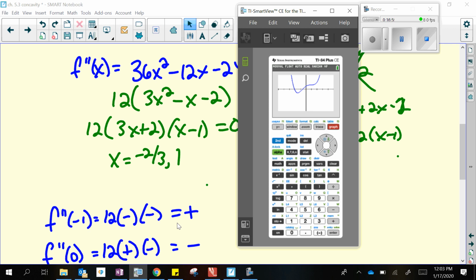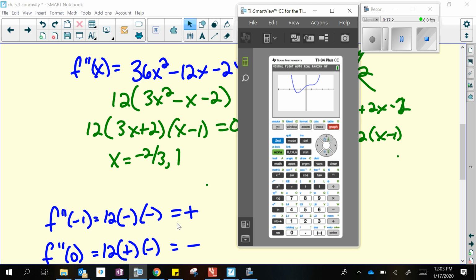The negative 2/3 would be like right in here, and it's changing from concave down to concave up, right? I'm sorry, concave up. And then here it's going to concave down, and then it's changing to concave up. Does that make sense? So there wasn't even really a relative min or a max right here, but concavity still changed.